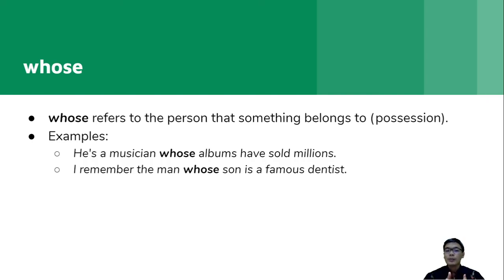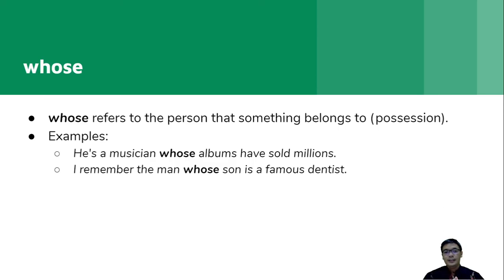Whose here shows possession. He's a musician. Full stop. His albums have sold millions. His is showing possession. That's why when we combine those two sentences, he's a musician and his albums have sold millions, now they become he's a musician whose albums have sold millions.